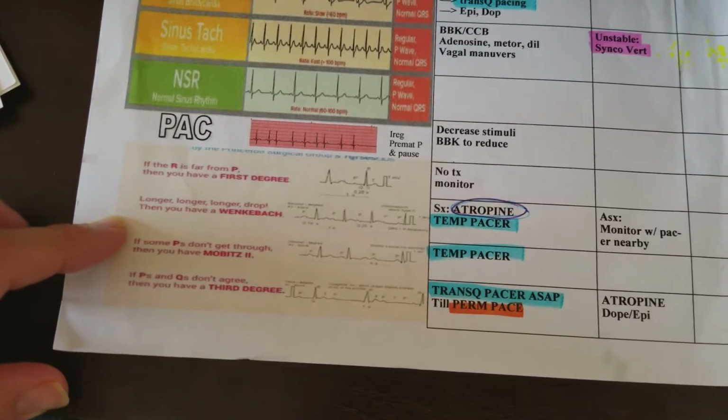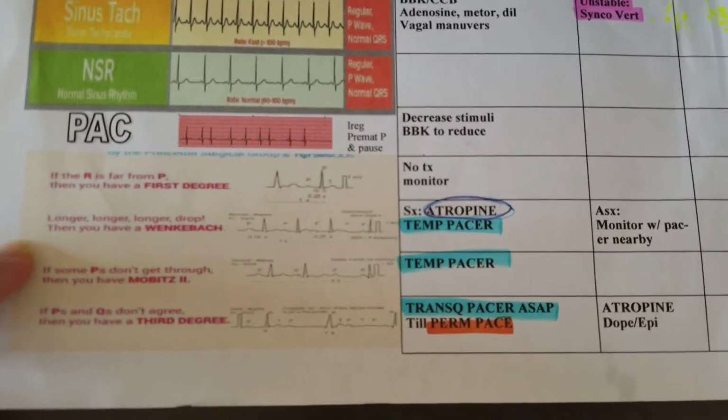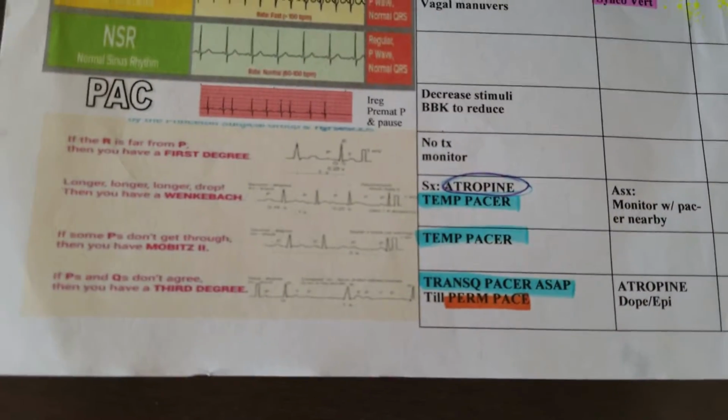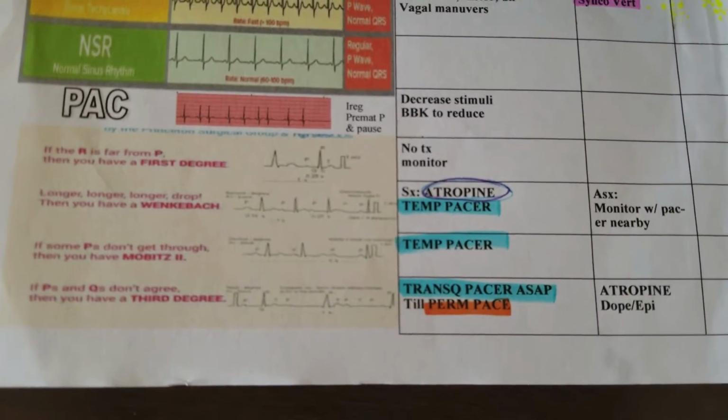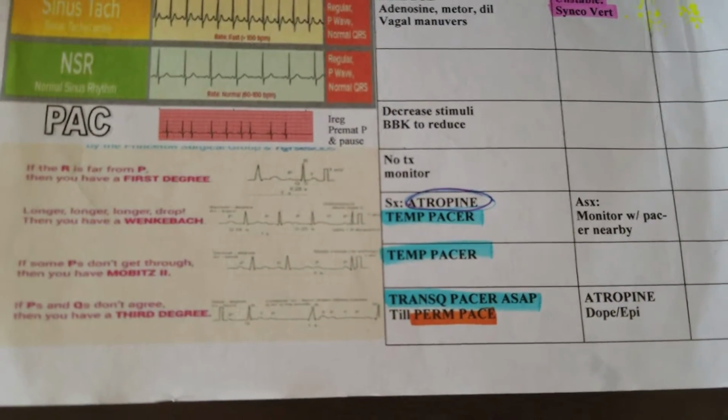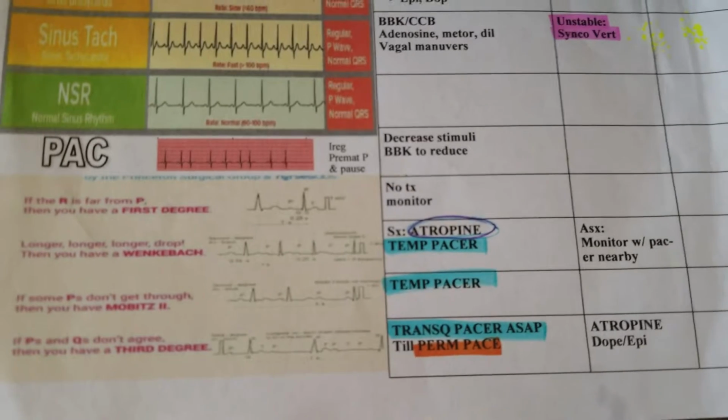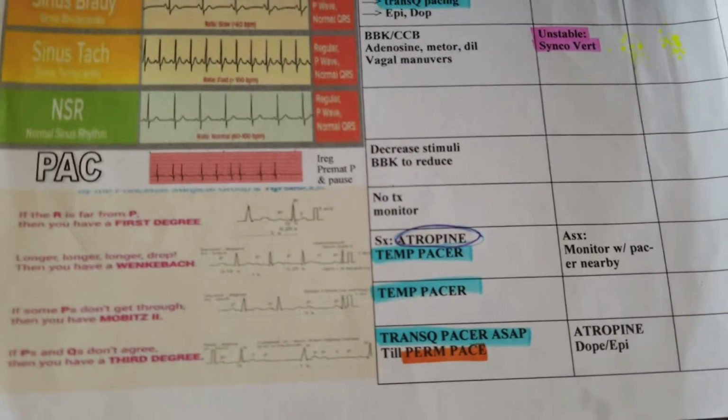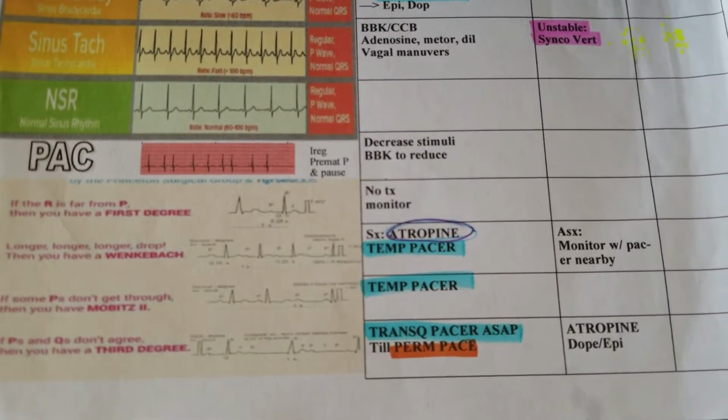If it's a type 2 block, the Mobitz 2, basically you're going to have the same interval of P, but then you'll have a QRS that just disappears. And you need a temporary pacer for that.